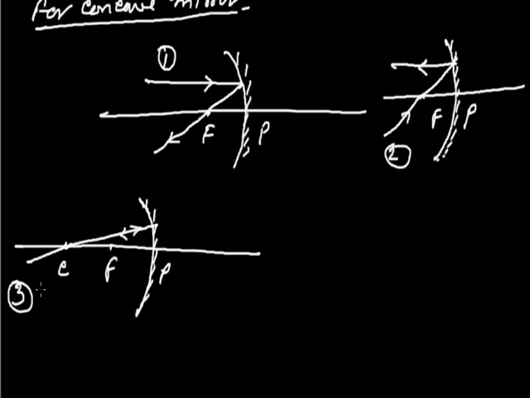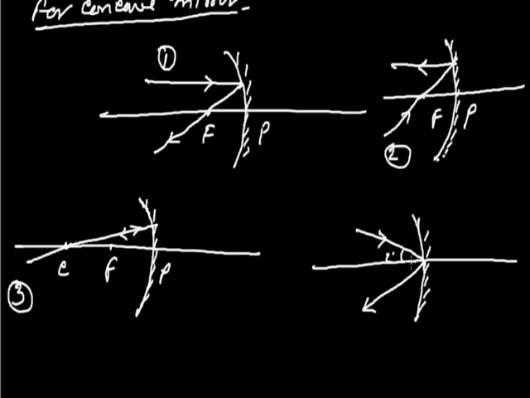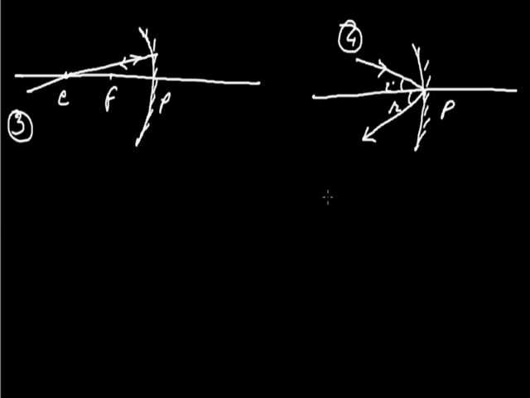For fourth, this one is convex mirror. A ray falls on the pole at an angle of I, it will reflect at the same angle. Here is pole. This is fourth rule. Now for convex mirror.